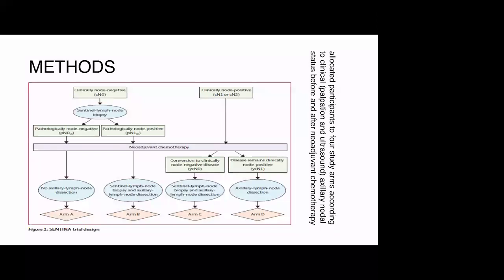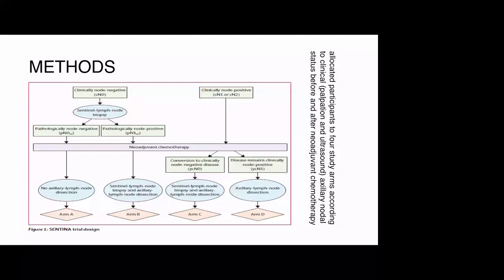Next is, in a clinically positive axilla, that is arm C, you give neoadjuvant chemotherapy. You don't do a sentinel lymph node biopsy before giving chemotherapy, because you know that this particular node is there by clinical examination. So now you only do a sentinel lymph node biopsy after giving neoadjuvant chemotherapy. Here you're trying to detect, even after giving neoadjuvant chemotherapy, if I do not find any disease in the axilla clinically, what is the actual disease burden in the axilla pathologically?